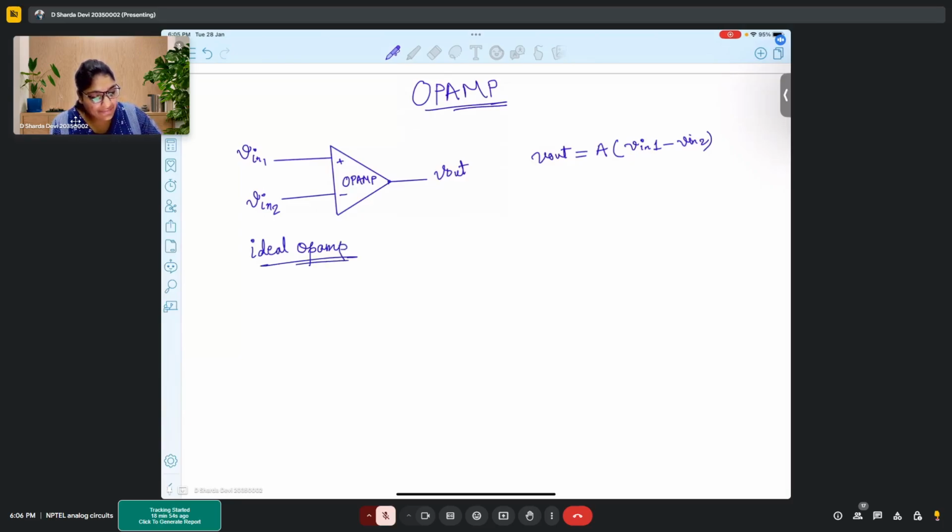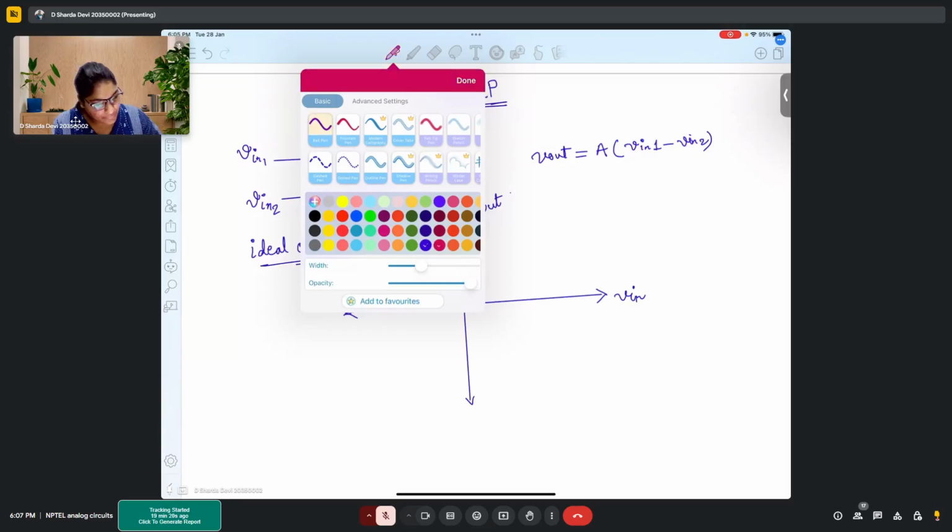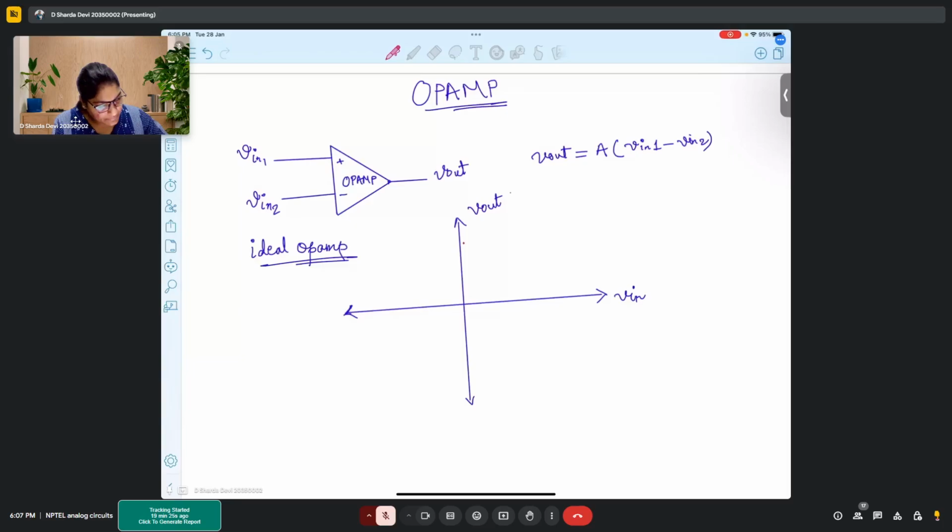It has very high gain, and if I talk about the voltage transfer characteristics of an ideal op-amp, and if we draw V out versus V in, what we observe is, okay, so this op-amp basically works with two bias voltages, plus VDD and minus VDD.